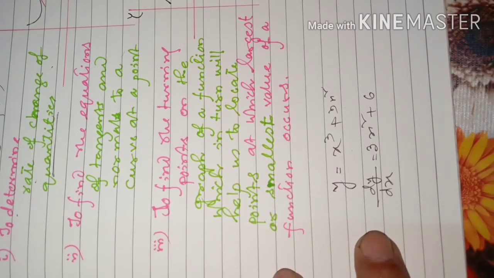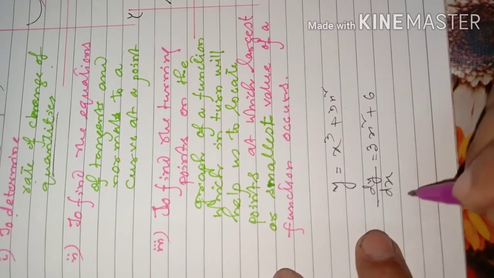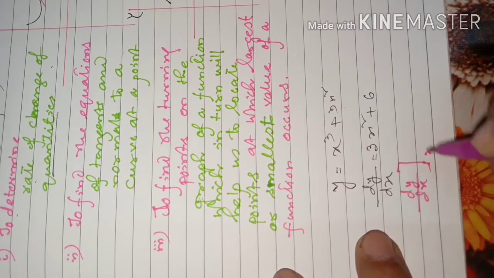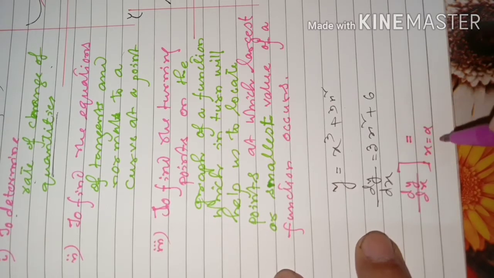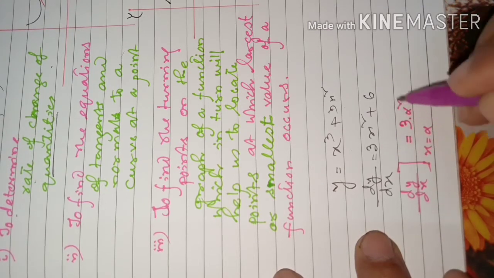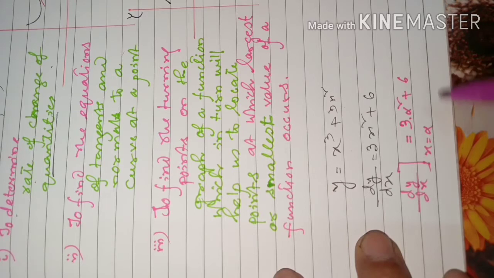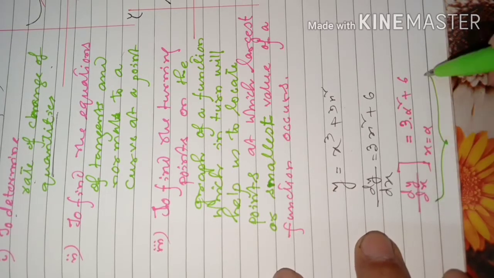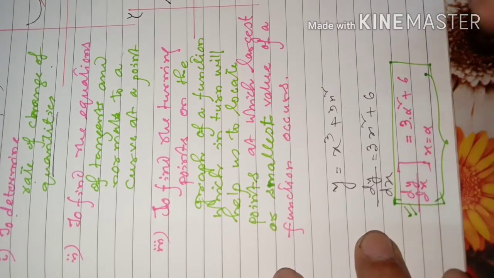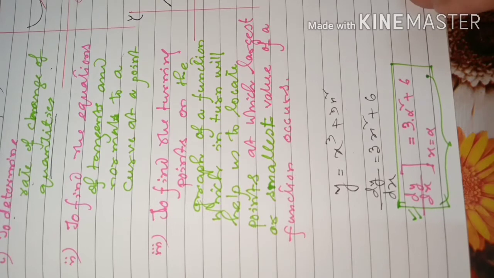When at a particular instant we find dy by dx, say at x equal to alpha, what is the rate of change? It will be 3 into alpha square plus 6 alpha. So this is the rate of change at a particular instant, and for that also we are using derivatives. So this is an application of derivatives.